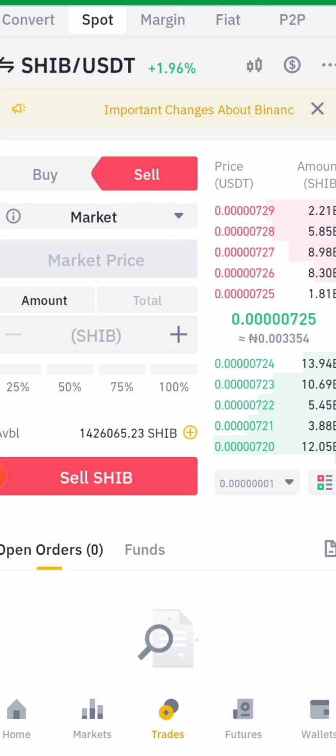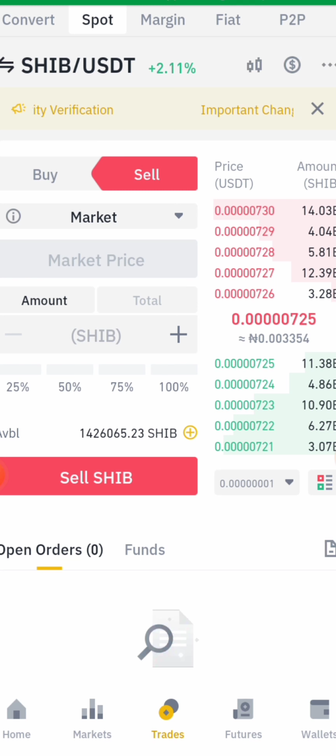If you sell, you have your money in USDT. The same thing goes for any other pair that you choose. If you choose maybe SHIB/BTC, it means you want to use BTC to pay if you're buying SHIB. If you're selling SHIB, that means you want to sell SHIB and have your money in BTC. That is how it works, so you don't get it twisted.